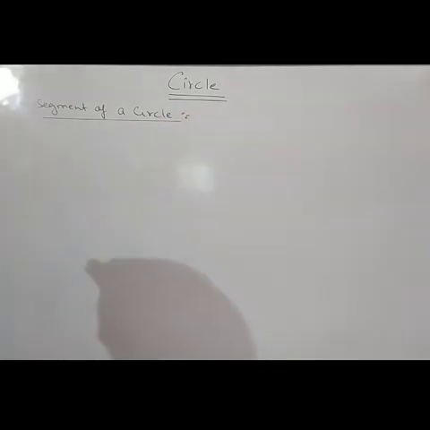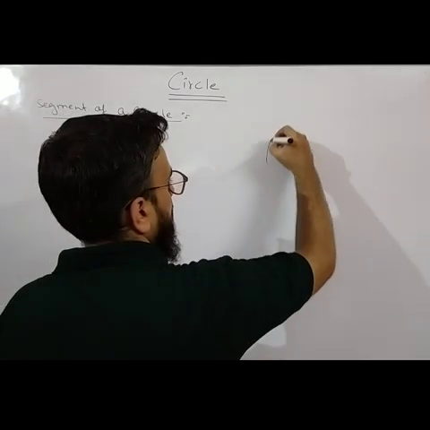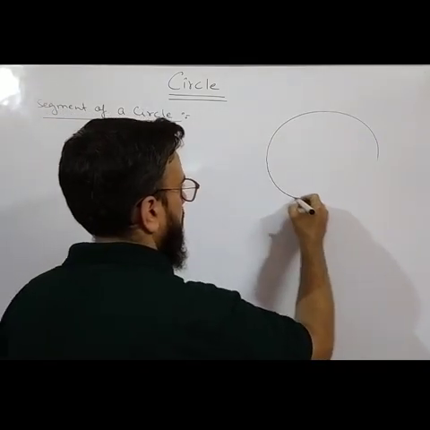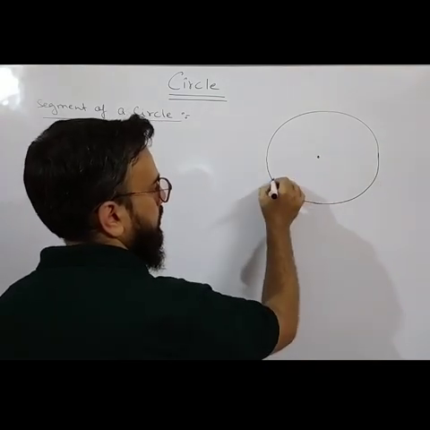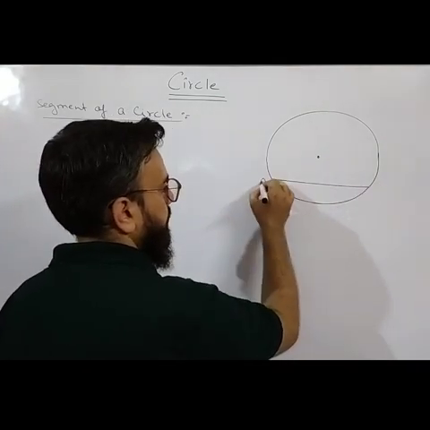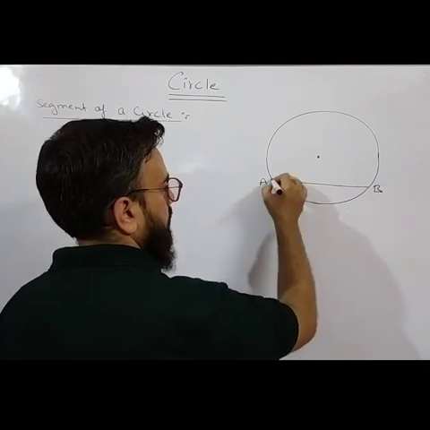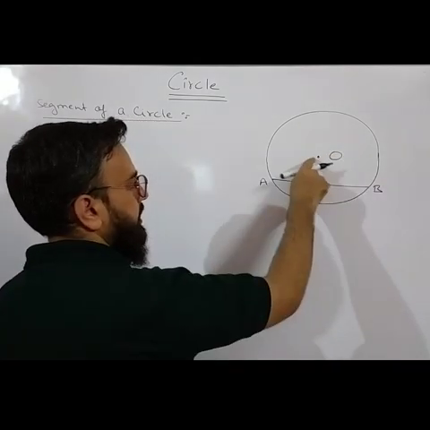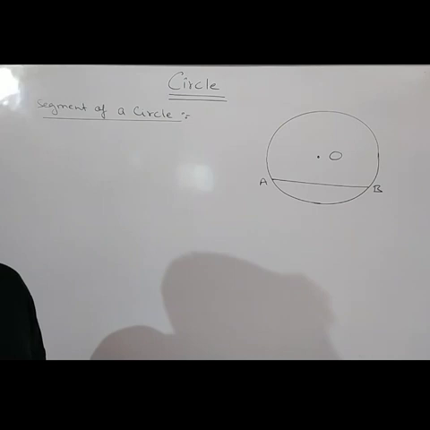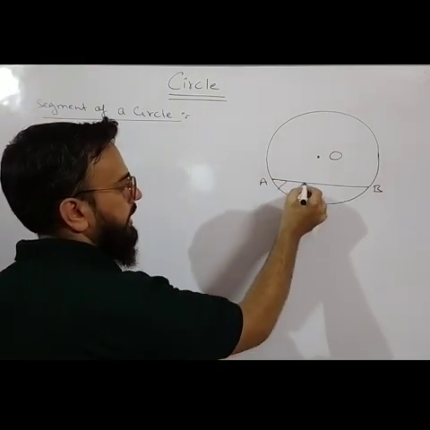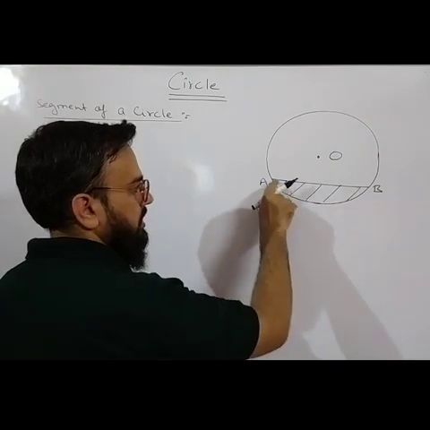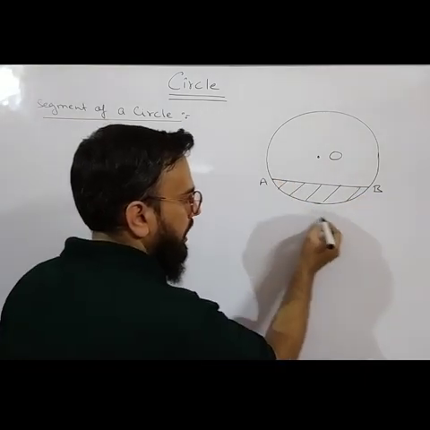Segment. So what is a segment? Now if we have given any circle and there is a chord in this circle, suppose this is a chord AB. We have given a circle with center O and chord AB is given. Now the region between chord and the arc. This is our chord AB and this is our arc AB.